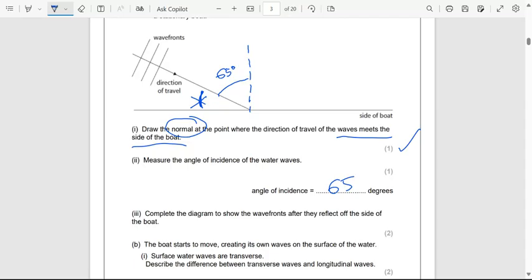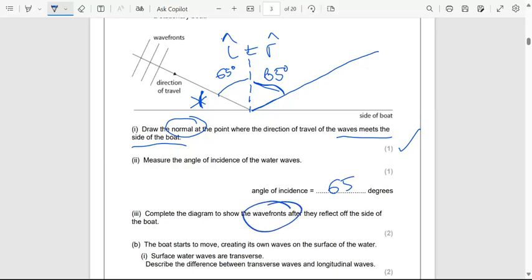Complete the diagram to show the wave fronts after they reflect off the side of the boat. Well, the first thing that I'm going to do is draw the direction of travel of the wave fronts. Okay, and how did I know where to draw that? Well, that's got to be 65 degrees as well. Why? Because I equals R when waves are getting reflected, right? But I'm not finished yet. Why?